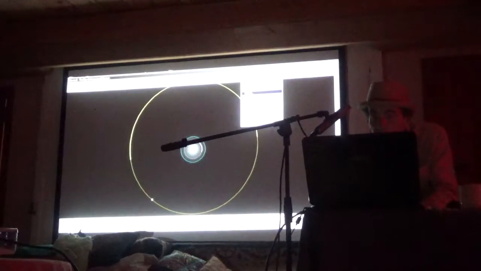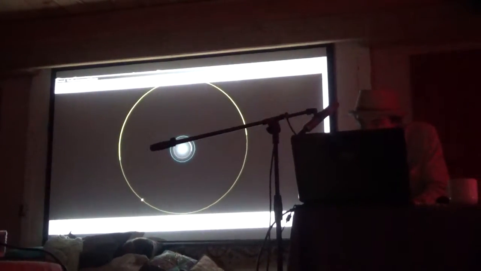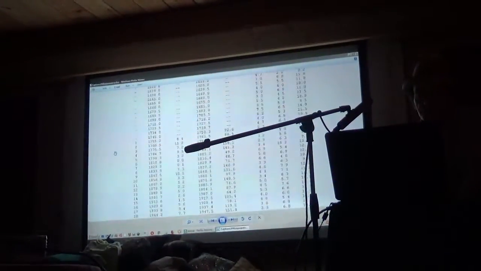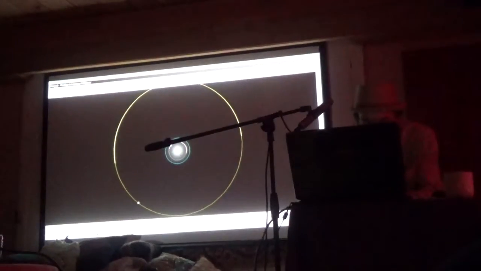So we're going to get right into it and look at some corresponding data of sunspot cycles since the 1600s. Our first maximum target is the sunspot cycle maximum of 1615.